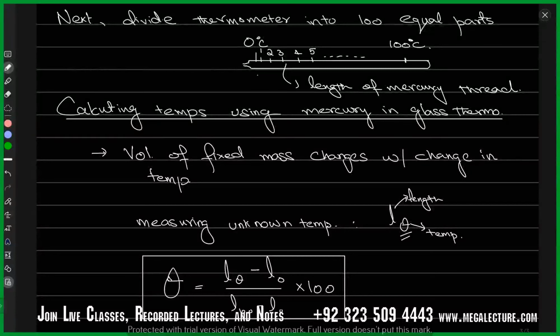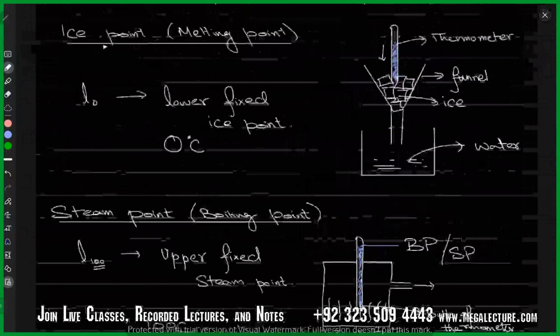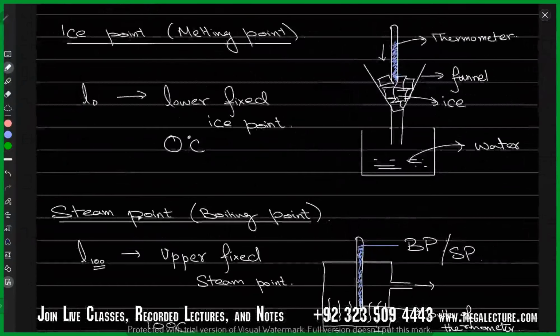So we saw that we choose any appropriate substance, which is known as a thermometric substance, and that was mercury in this case for a liquid mercury in glass thermometer. We saw that we'll choose two fixed points, and those two fixed points were the ice point and the steam point.